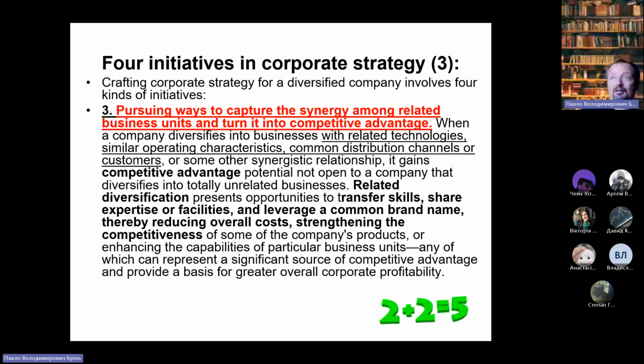So we can decrease our costs. And at the level of corporate strategy, it is the task of management of the company to find possible ways of using the synergy effect.